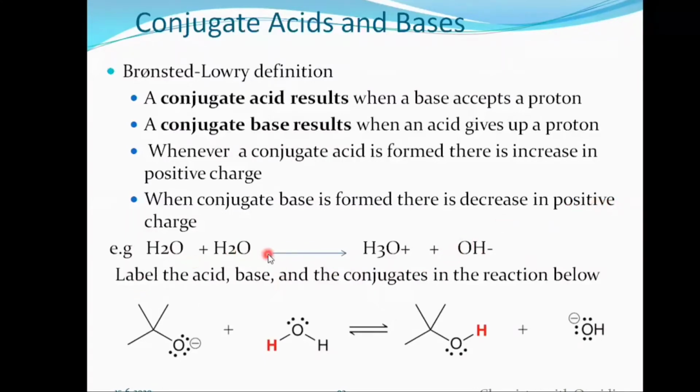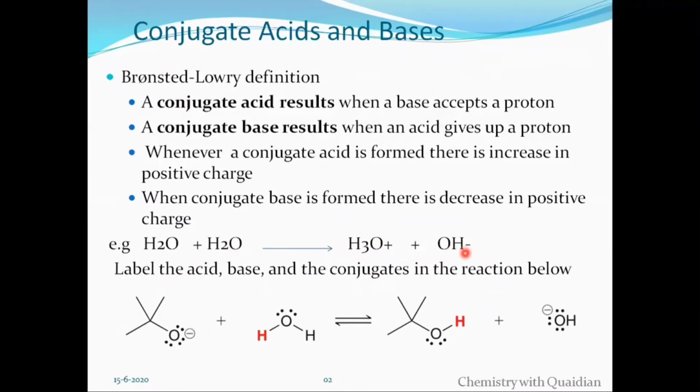Now water is a neutral compound. Here there is an increase in the positive charge, so it will be the conjugate acid, and there is a decrease in the charge, so it will be the conjugate base of water. So you can simply tell which is the conjugate acid and which is the conjugate base just by looking at the charge. An increase in charge is the conjugate acid, and a decrease in charge is the conjugate base.